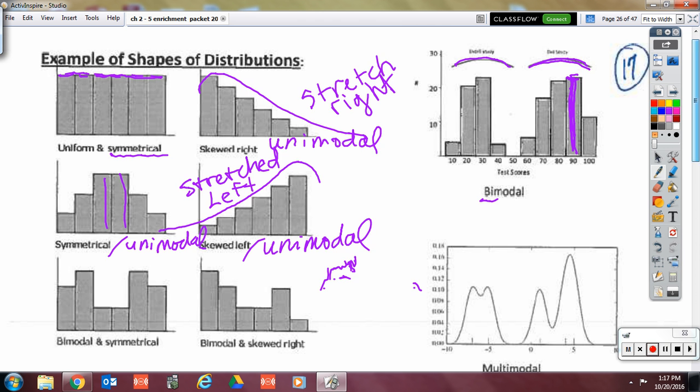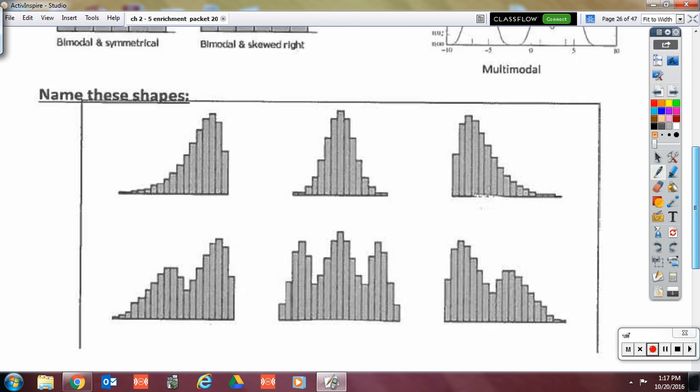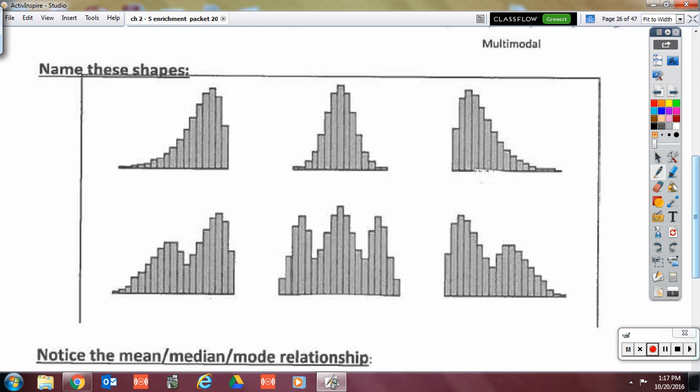In fact, you could even say something like this is bimodal because we've clearly got two different kinds of things going on here. It could be such that these are the females' shoe sizes and these are the males' shoe sizes, and you just had more females than males, or something like that. So your bimodal could also look like that.